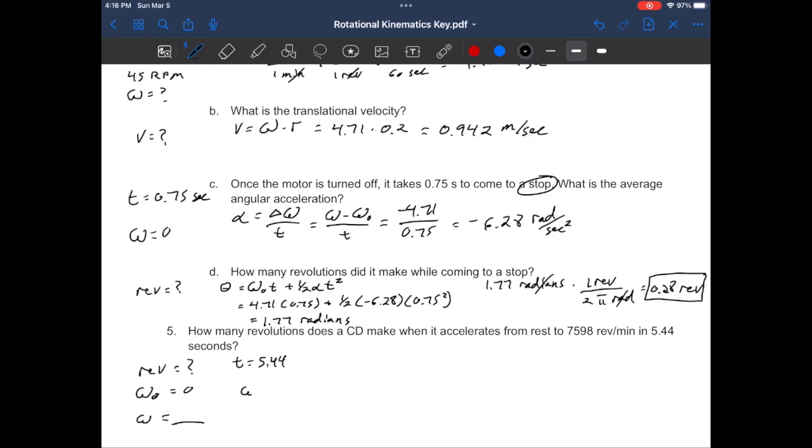So we're going to convert this revolutions per minute into radians per second, into omega. 7598 revolutions over 1 minute, times 2 pi radians over 1 revolution, revolutions cancel out, times 1 minute over 60 seconds, and the minutes will cancel out.